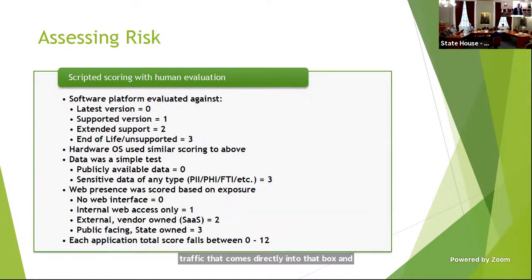And so you can see that each application could score anywhere from 0 to 12. And a 12 is the highest risk system. A 0 is a system where we don't want to forget about it, but it certainly isn't something that we need to worry about today.